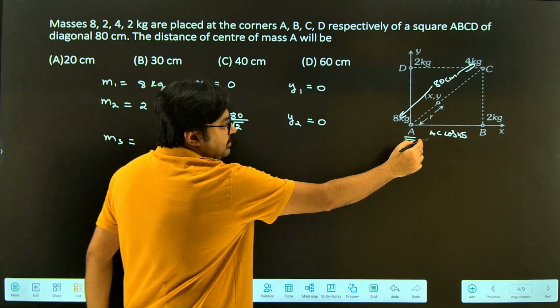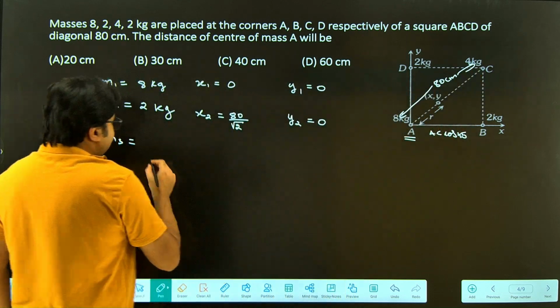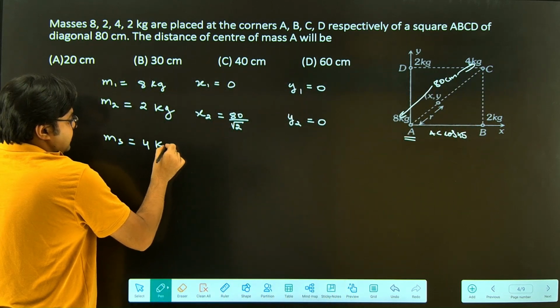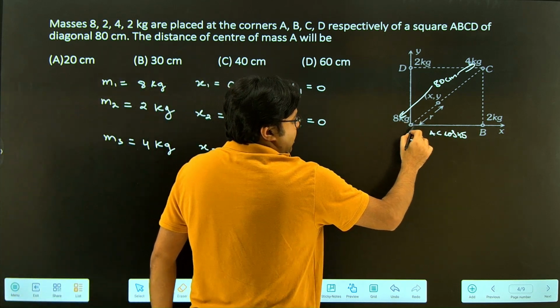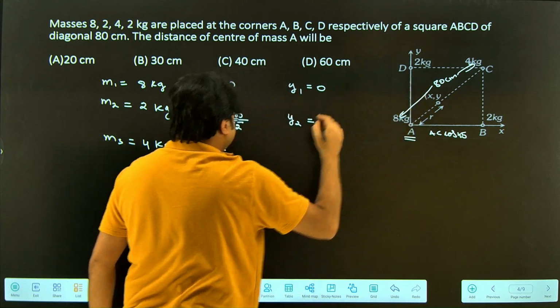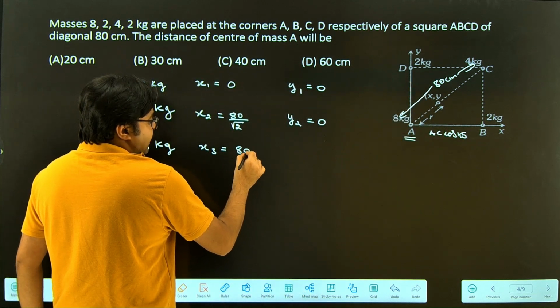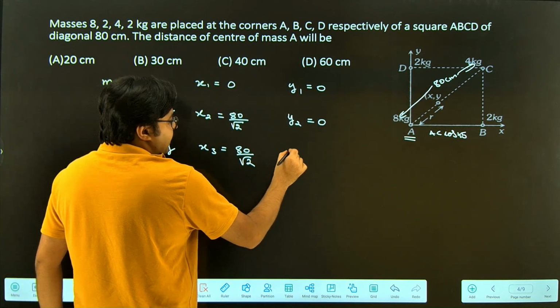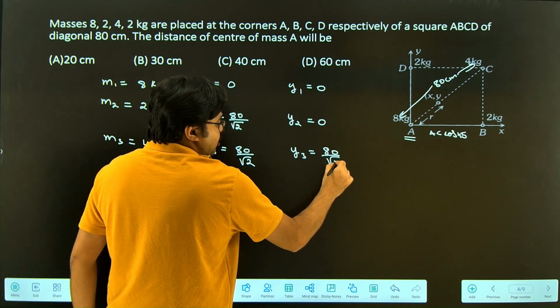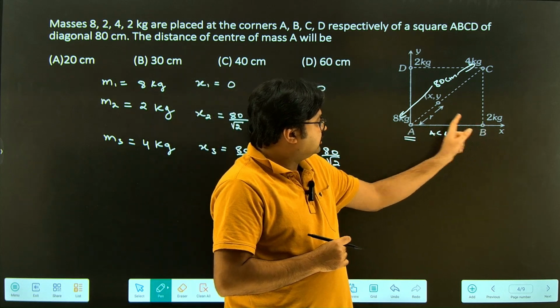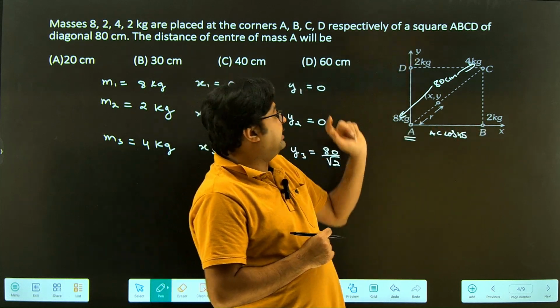Let's calculate what is M3 now. M3 is the particle at C. You can write that as 4 kg, and X3 is, by the way, this distance, and Y3 is that distance. So both of them are 80 by root 2. X3, Y3 are both 80 by root 2 because this is 80 cos 45 and this is 80 sin 45.